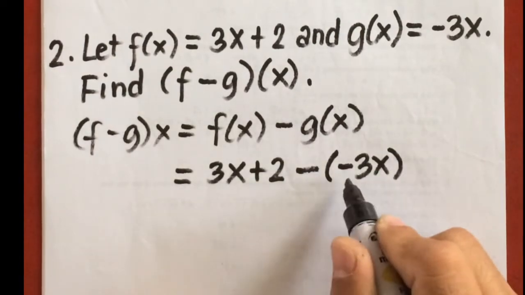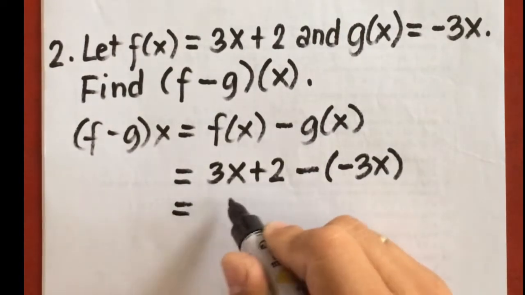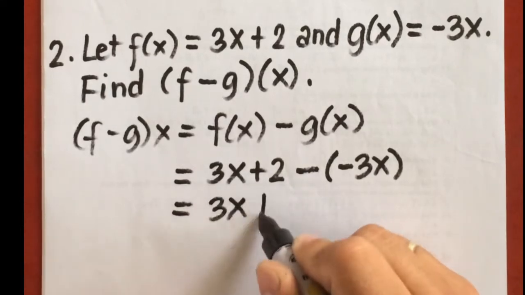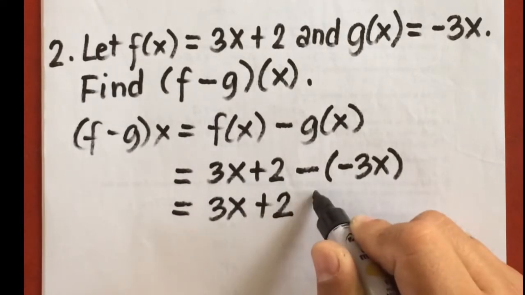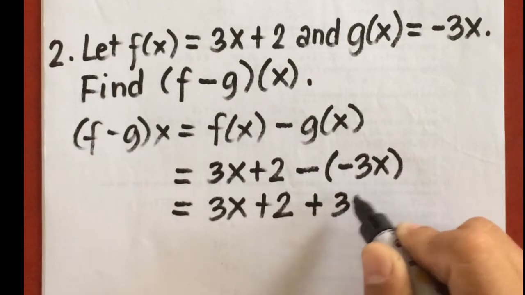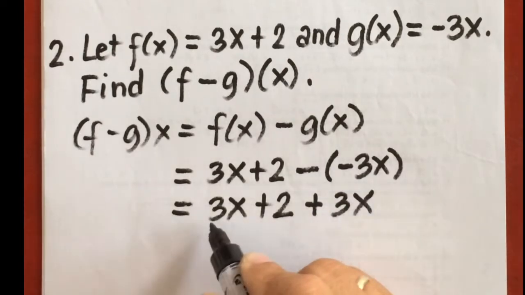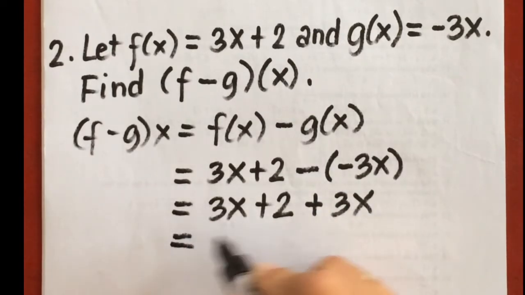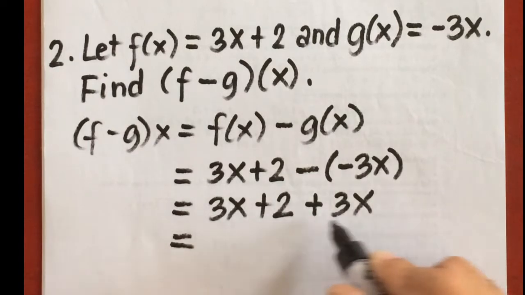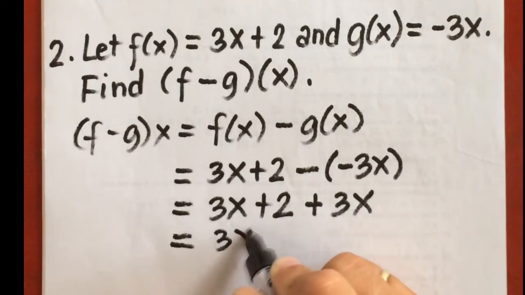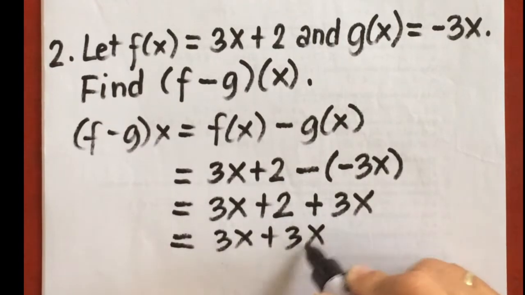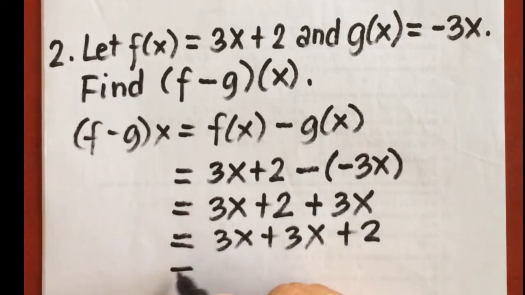The negative of a negative number is positive, so you're going to have 3x plus 2, and this will become plus 3x. So you have like terms here, you're going to have 3x plus 3x, then plus 2.